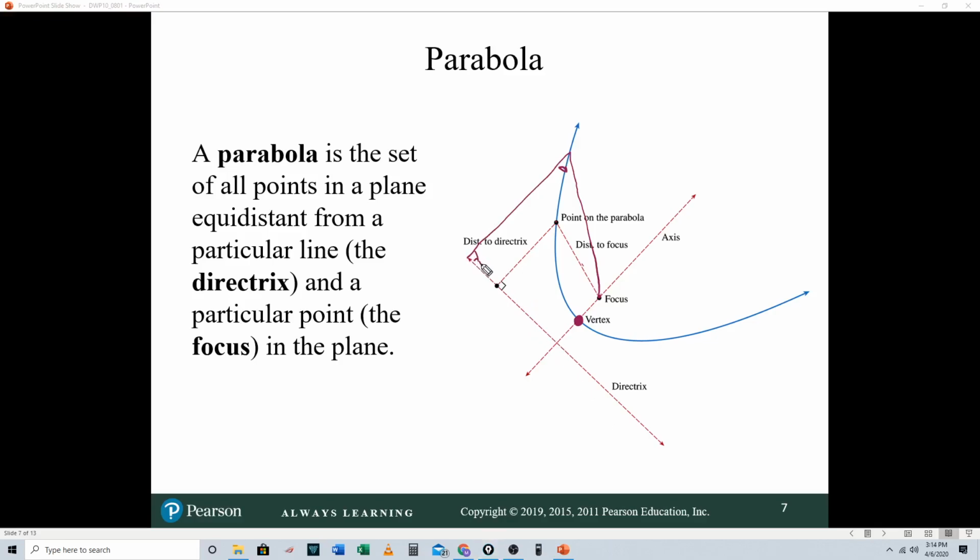This line right here is called the directrix. So these are going to be the important parts: vertex, focus, and directrix. That creates an isosceles triangle there. Isn't that nifty?